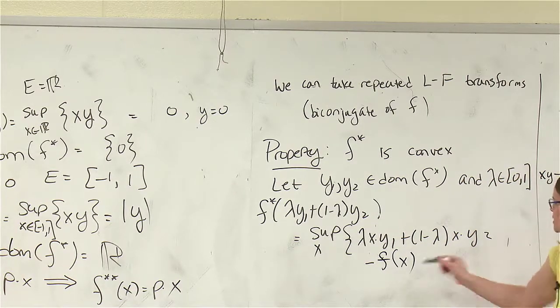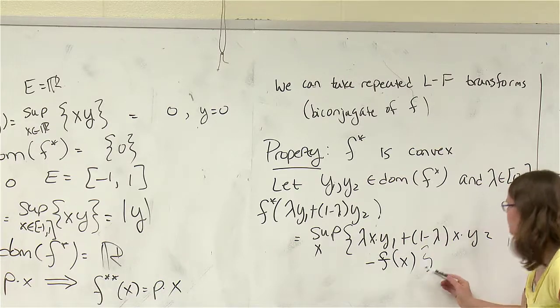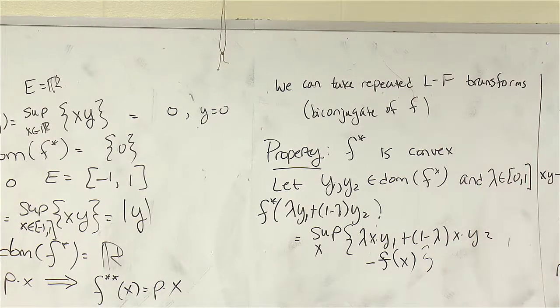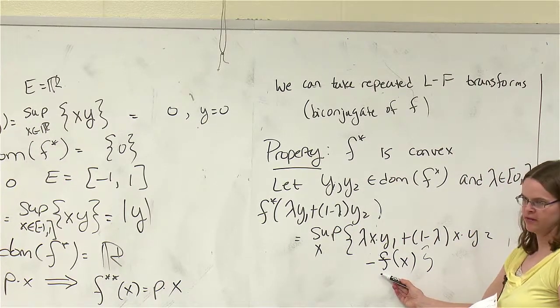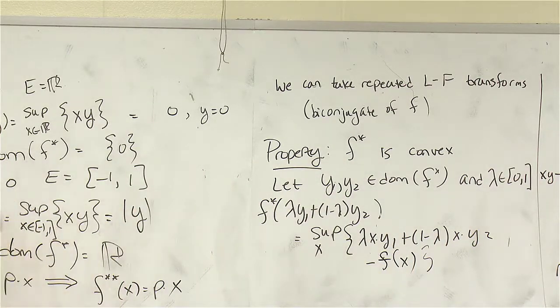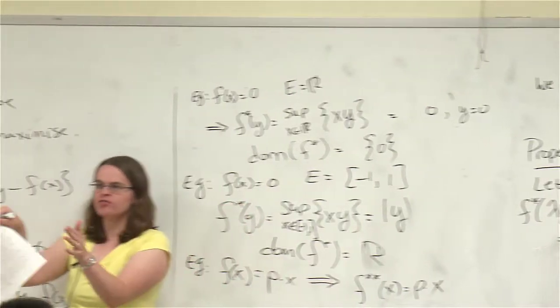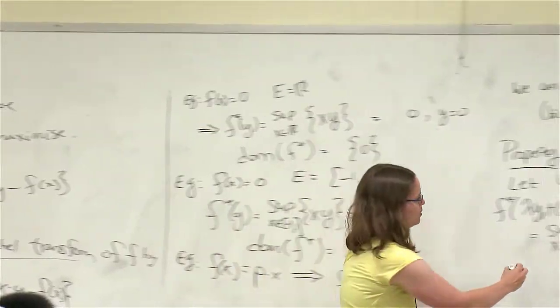So this is what I take the supremum of: x dot y minus f of x. Now I can break this up a little bit. I could think of f of x as lambda times f of x plus 1 minus lambda times f of x. So I have the supremum of a whole bunch of things. If I try to maximize them individually, this is going to go up.